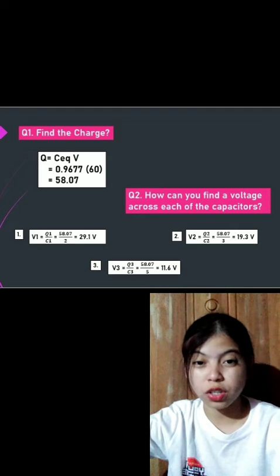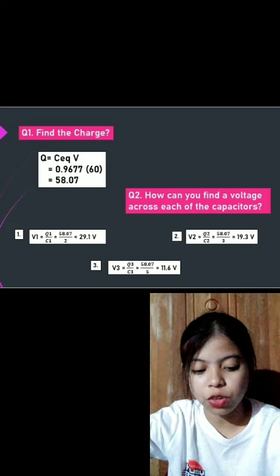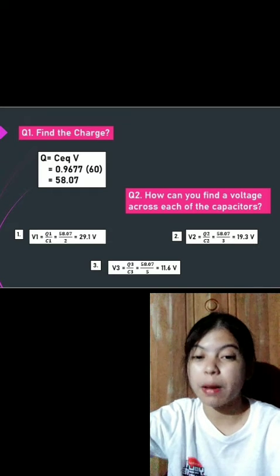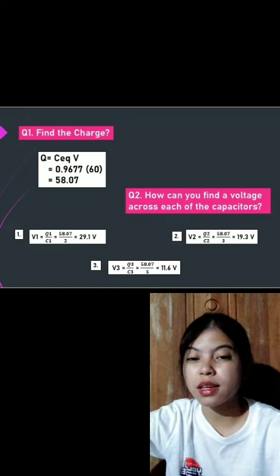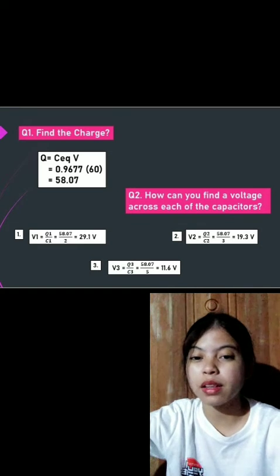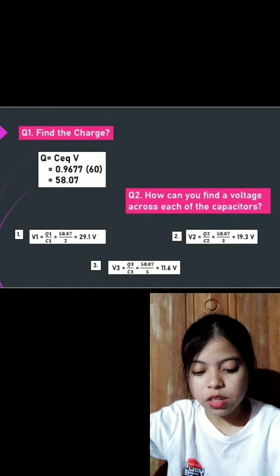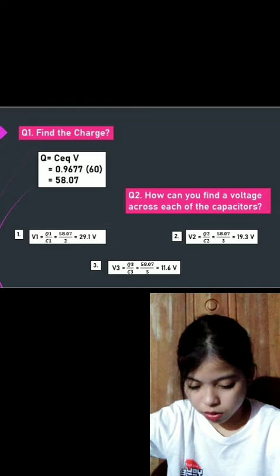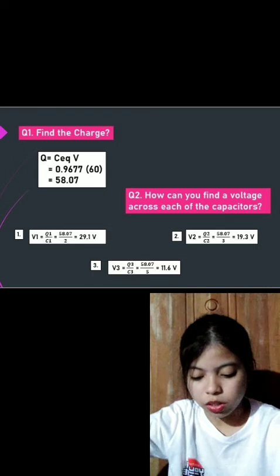Finding the charge will be very helpful in finding the voltage across each of the three capacitors. Q equals CEQ times V equals 0.9677 times 60, and we get 58.07. So that is the charge in each capacitor.